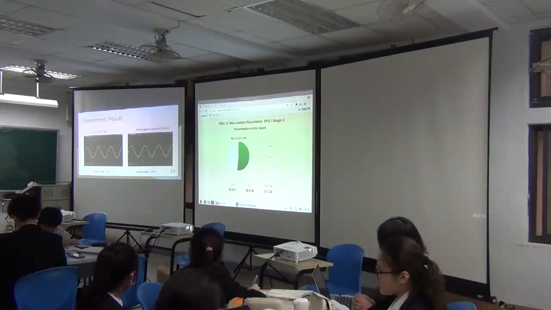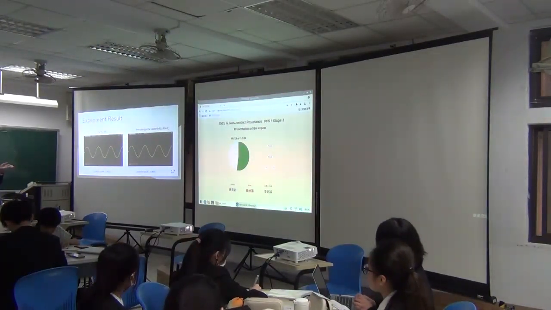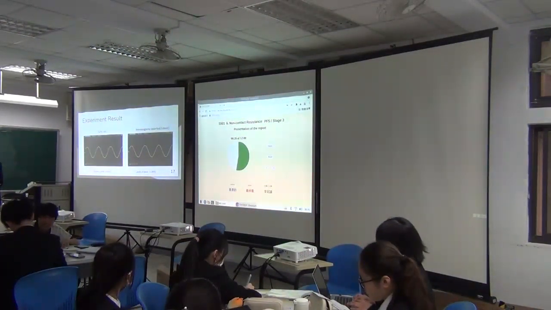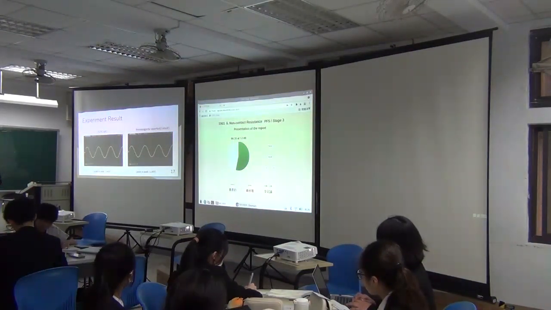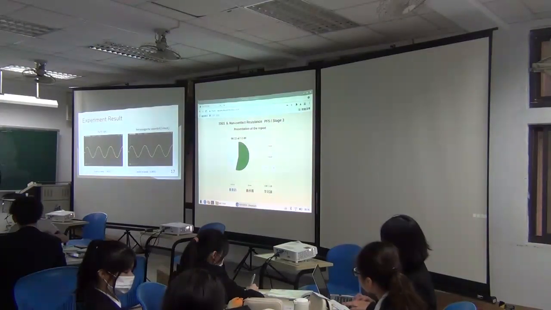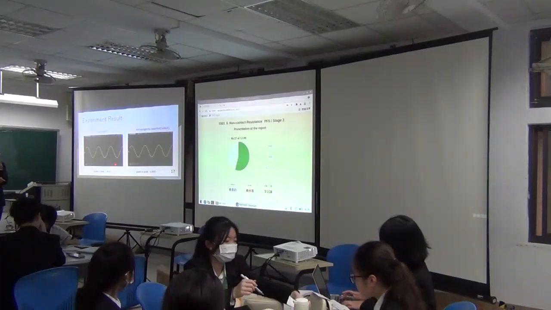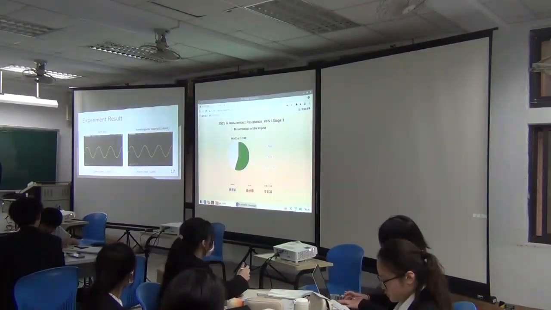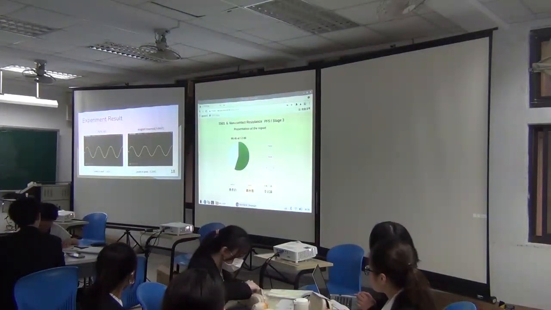Here we inserted nothing into the coil, compared to the ferromagnetic rod inserted. There's an obvious difference in the amplitude of the voltage: the first one is 1.42 volts, and the second one is 1.38 volts.